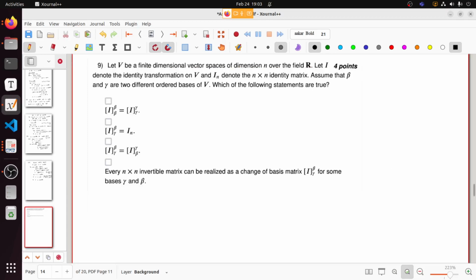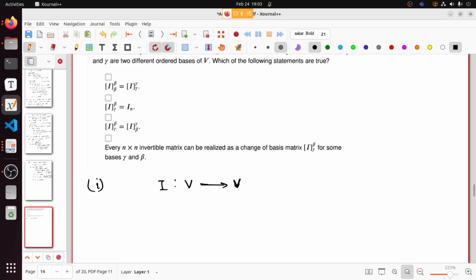So let's come to the first option, number 1. It is given B is finite, and I is the identity transformation. What is meant by the identity transformation from B to B? If you take any value in B, it will map again to the same value. So I of b is b for all b in B, right?